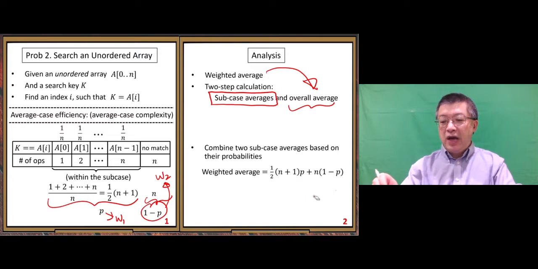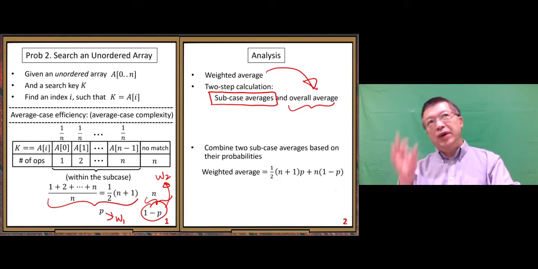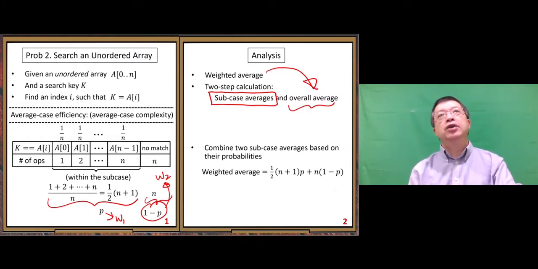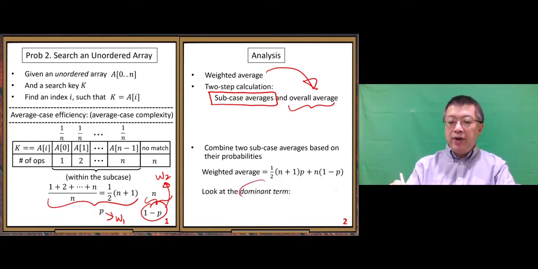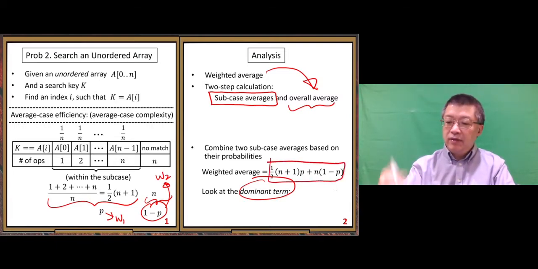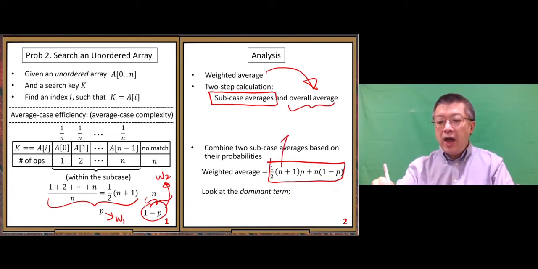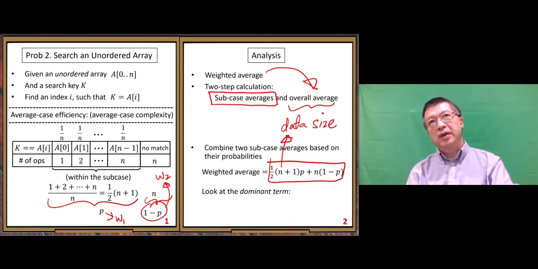At the end, I want to talk about another important terminology in our efficiency analysis. Later, we will use it a lot. That terminology is the dominant term. Here we have an expression, and in this expression, remember, n corresponds to the data size.